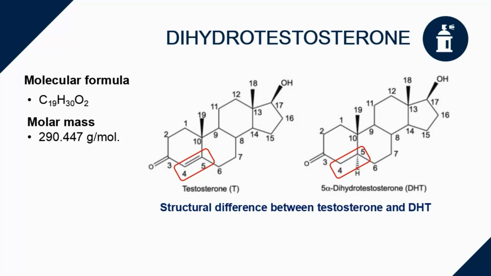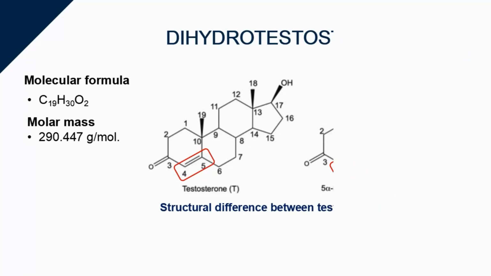So the only difference between testosterone and dihydrotestosterone is the presence of a double bond at carbon 4 position, which is present in testosterone and absent in dihydrotestosterone, while all other structural features are the same as those of testosterone.